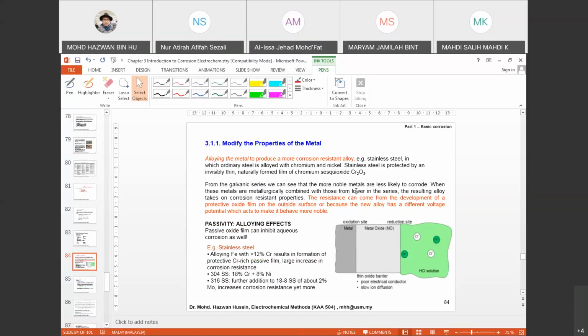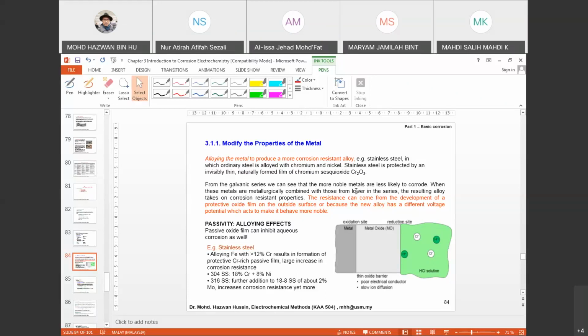As I said earlier, the formation of a passive layer due to the incorporation of chromium, which creates a chromium oxide layer, gives a barrier between the metal and the electrolyte.